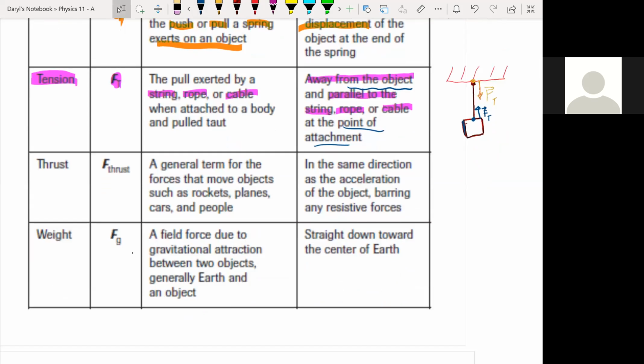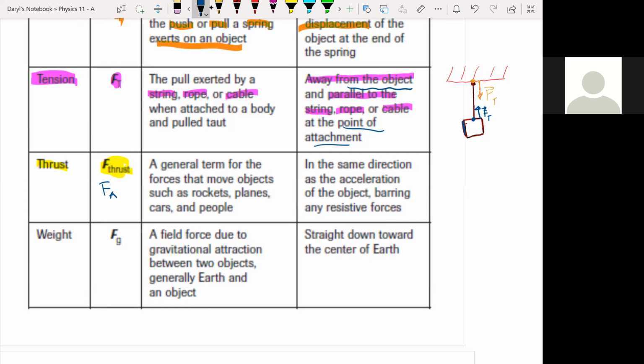And thrust, although this is just a general term, sometimes we just call it applied force. It's a force that moves objects, such as rockets, planes, or the engines in your cars, or the people pushing the car. Sometimes we just call this generally the force applied.